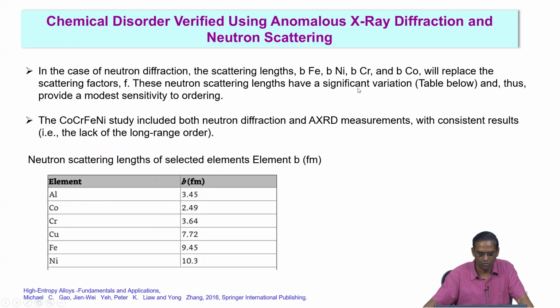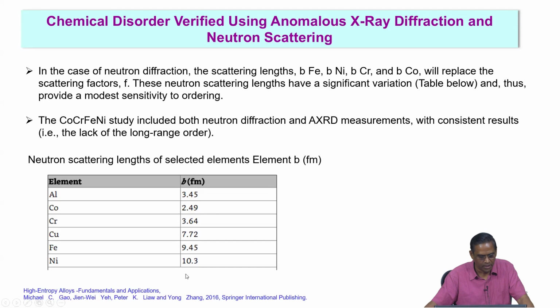That is the information from anomalous X-ray. How about neutron scattering? In the case of neutron scattering, the scattering lengths b for iron, nickel, cobalt and chromium will replace the scattering factors f. So, these neutron scattering lengths have a significant variation, as we can see in the table.